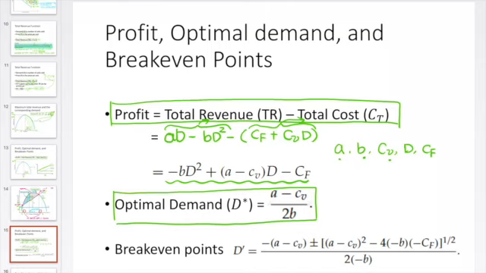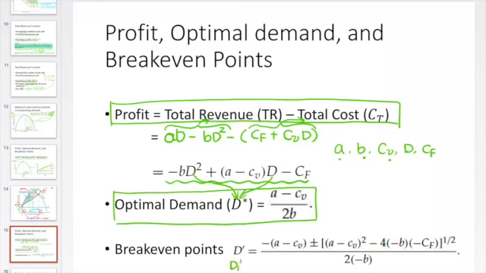And in case you want to know the maximized profit, what do you do? You replace the D with the D star in this first function. Then you can calculate your maximized profit. Okay? And the next formula is to calculate the D prime.